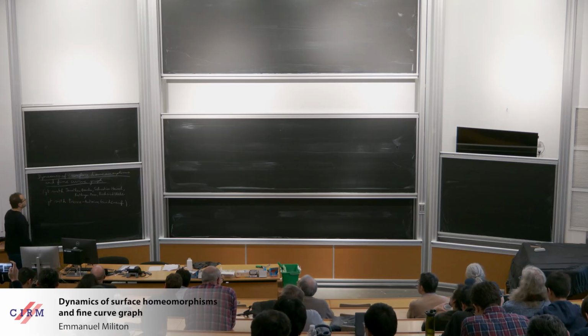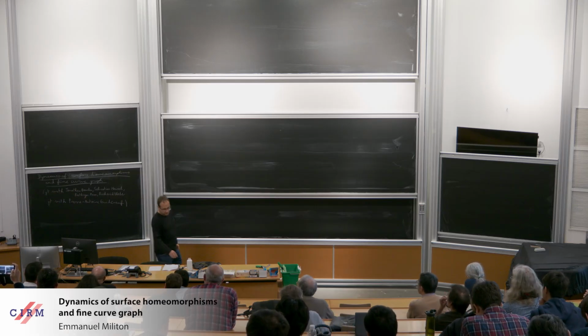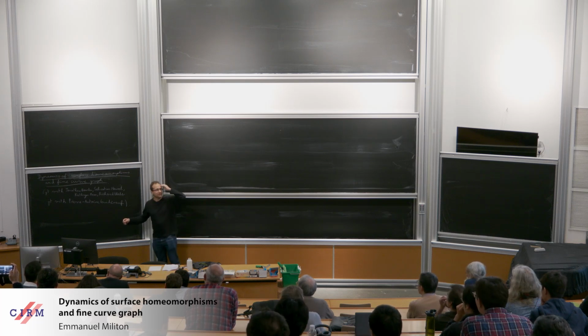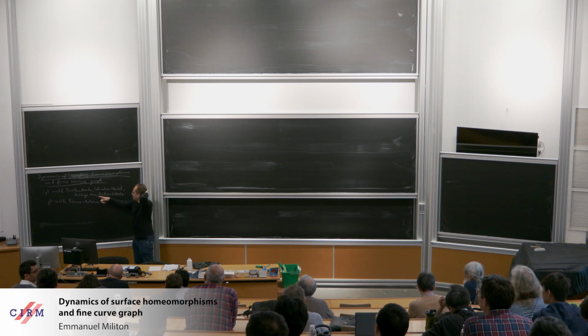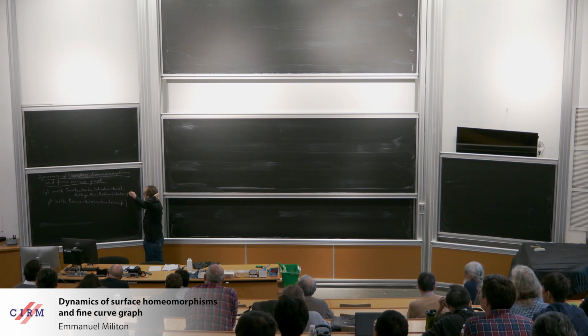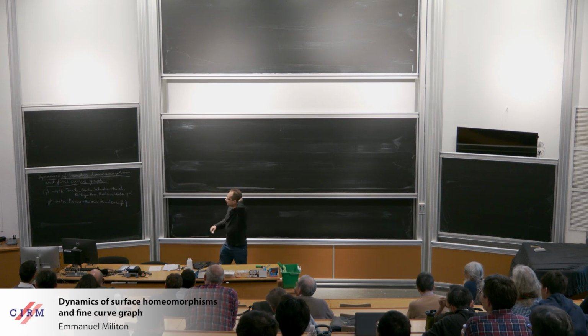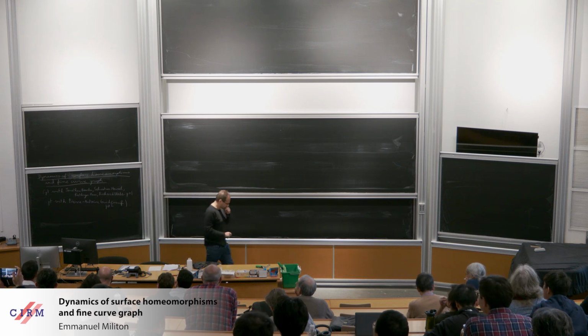Okay, so what I want to talk about is a collaboration, first with Jonathan Bowden, Sebastian Hensel, Kathryn Mann, and Richard Webb, but this is for the case of the two torus. And a work with Pierre-Antoine Guihéneuf where we focus on the case of homogeneous surfaces.